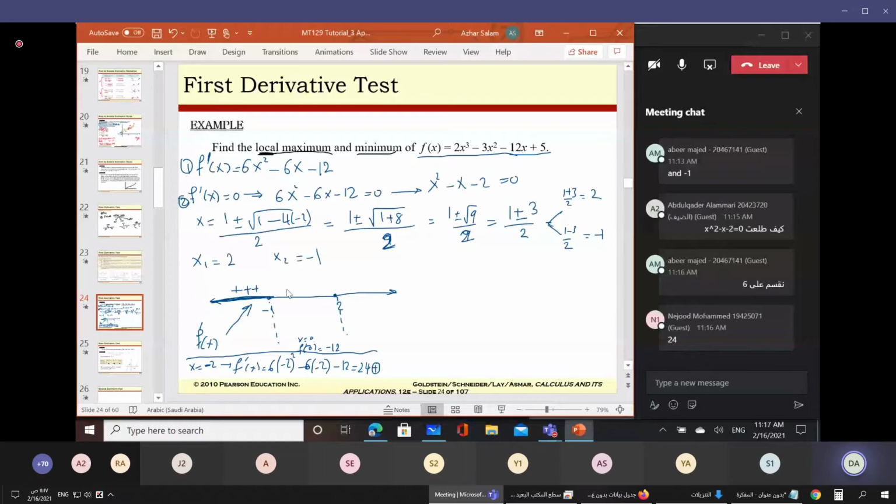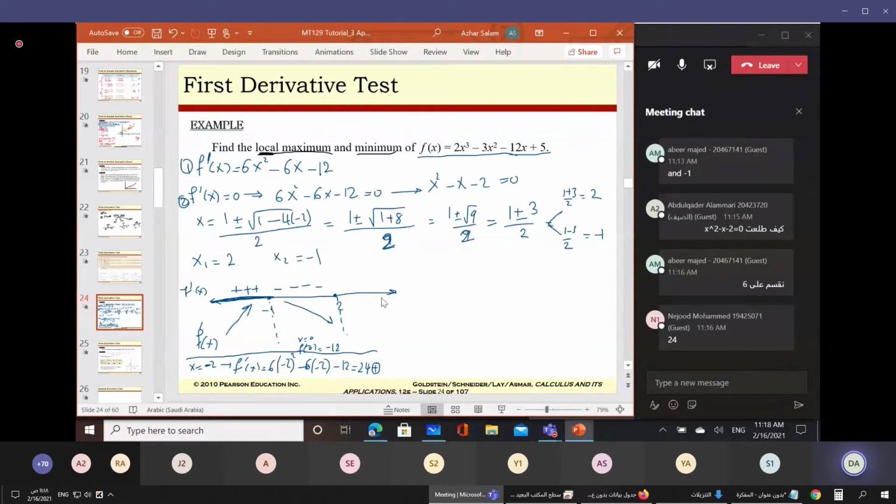So f dash will be minus. I'm talking here about the sign of f dash. So the function here will be decreasing for all values between minus 1 and 2.